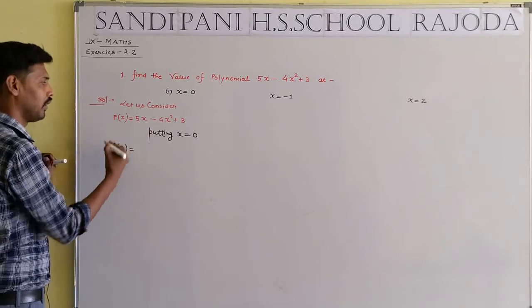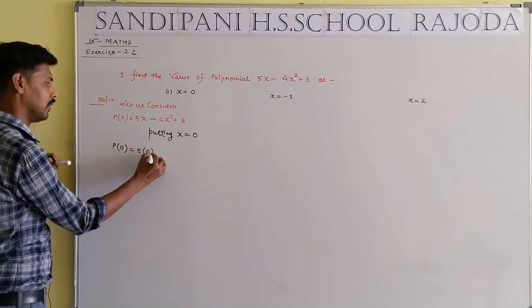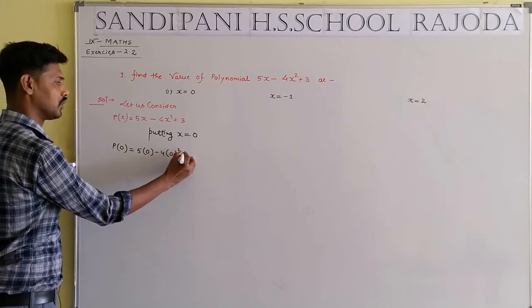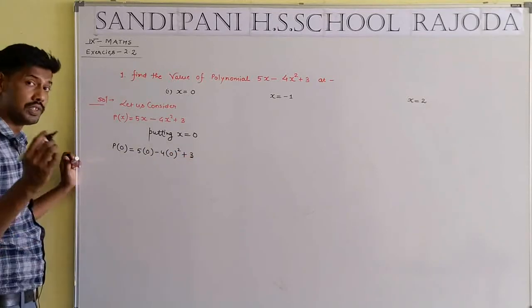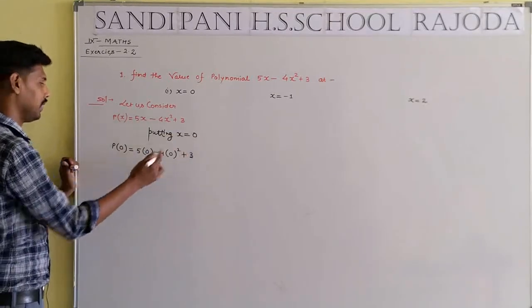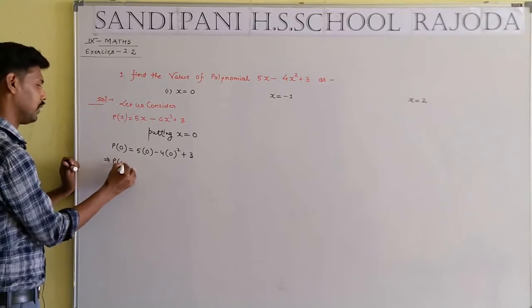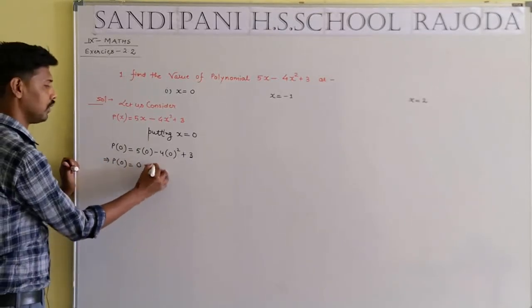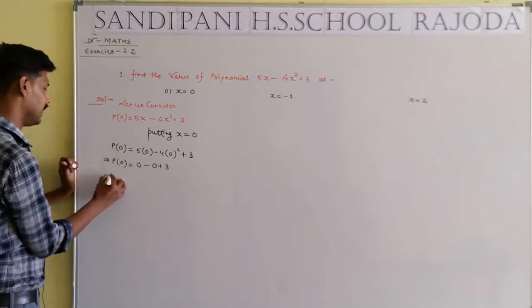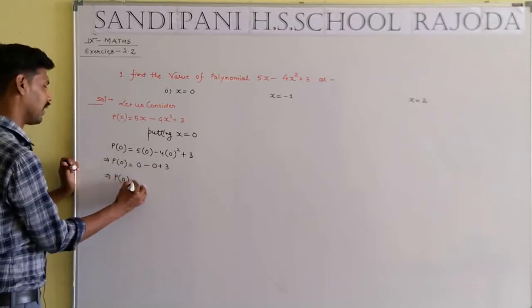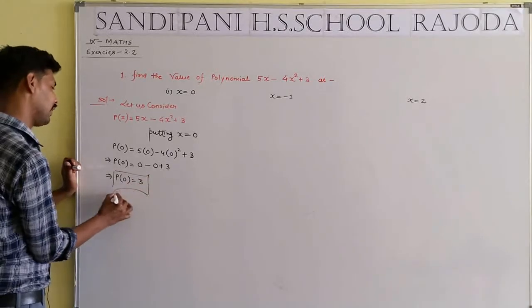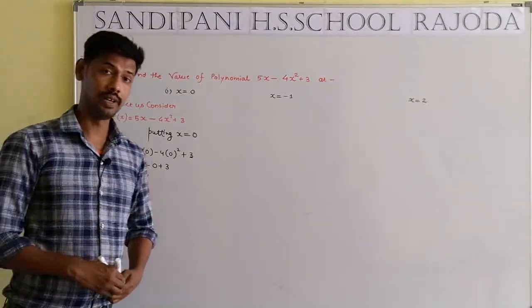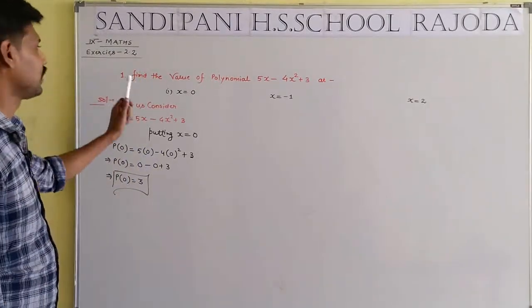P(0) will be equal to 5 times 0 minus 4 times 0 square plus 3. That means wherever there is x, put 0. Now P(0) equals 5 into 0, which is 0, 4 into 0 is 0, and plus 3. That means P(0) equals 3. The answer is 3 for the first part of the first question.